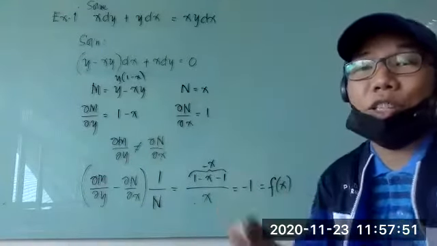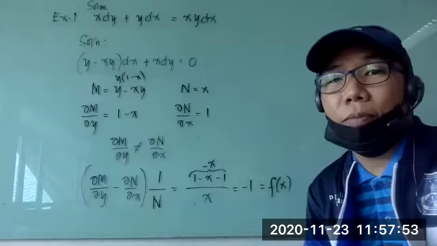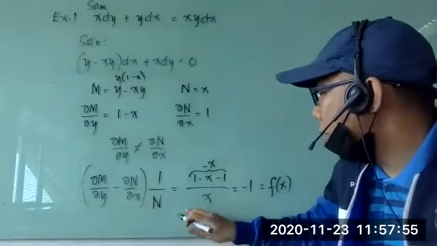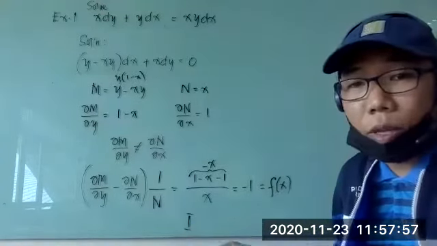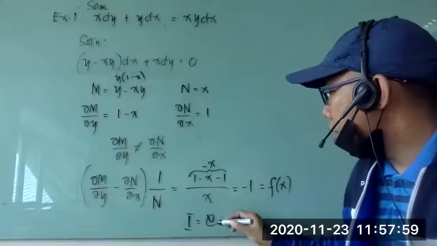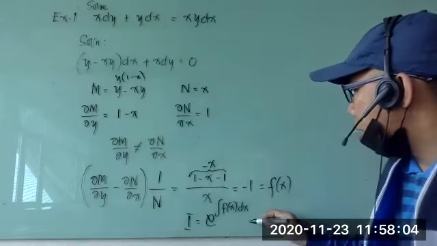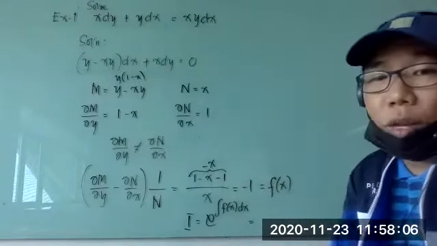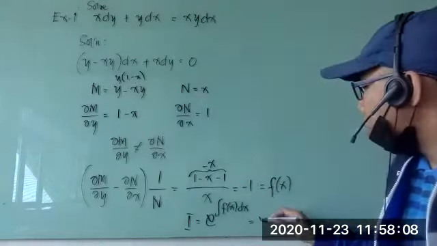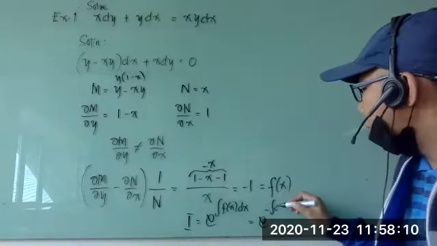So we use this to determine the integrating factor. And what is the formula? I is equal to e raised to the integral of f of x dx. And what is f of x? That is equal to negative 1. So e raised to negative integral of dx.